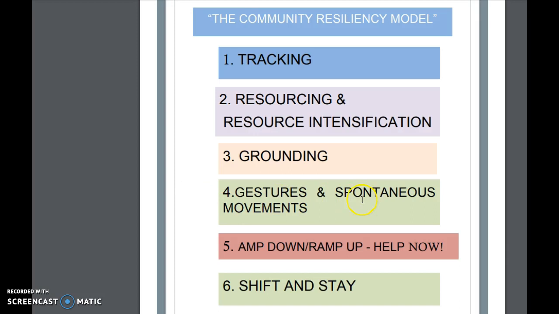Now, gestures and spontaneous movements, this is where they just talk about noticing how you express yourself with gestures, and pay attention to either yourself or other people when you're calm, happy, feeling secure and safe. What kind of gestures?